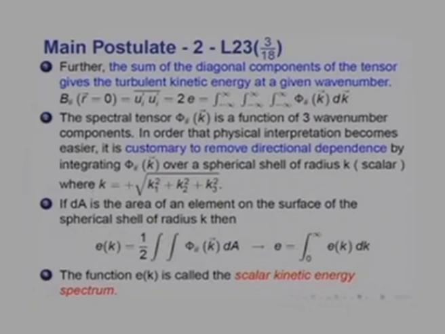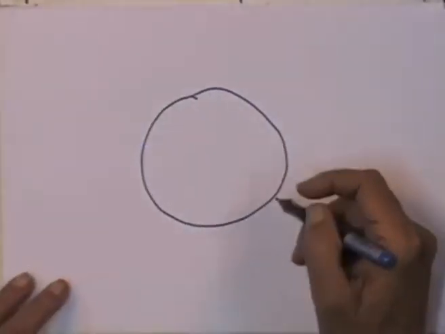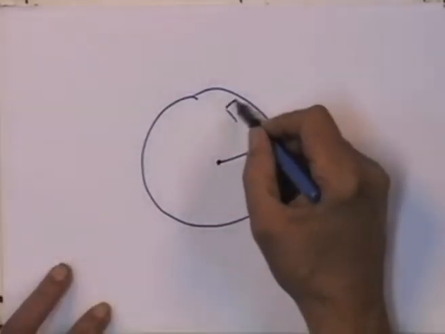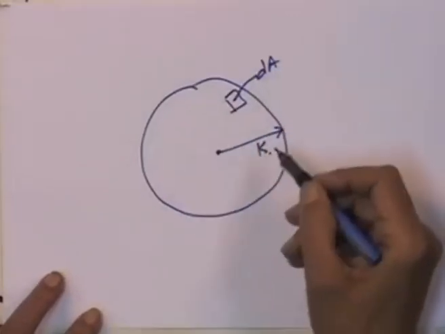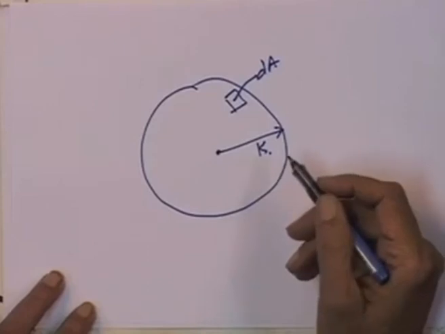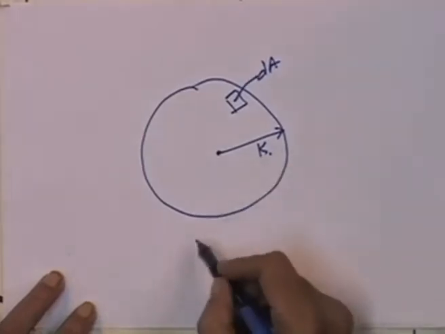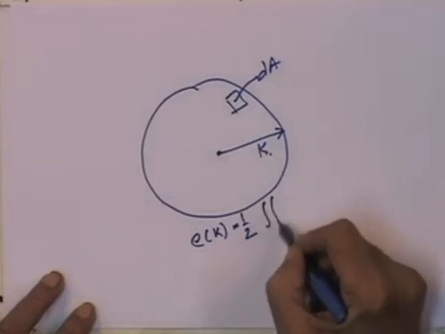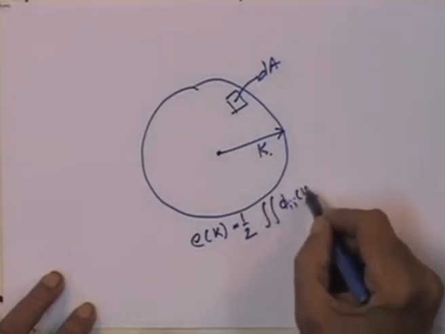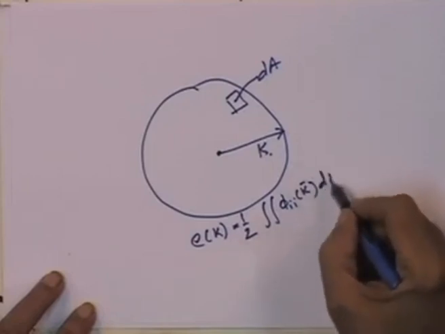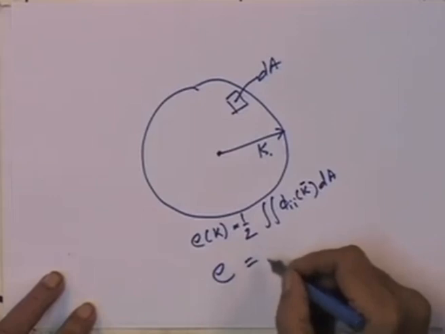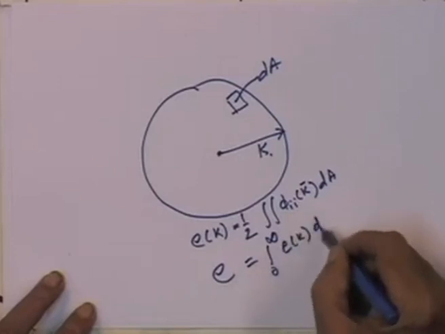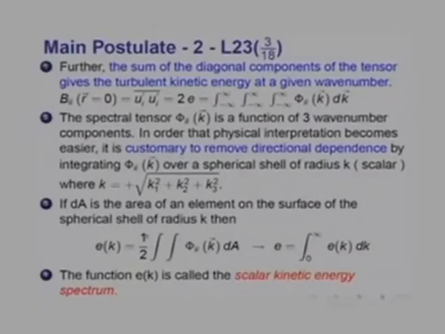So, we form a sphere of radius k, and if we take an element dA on this sphere, then the energy spectrum E(k) is half times the integral of phi_ii dA, and E would be equal to the integral from 0 to infinity of E(k) dk. So, this is what I have shown here.